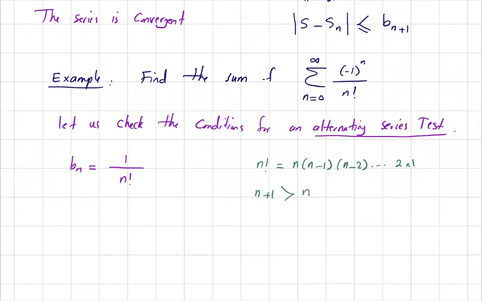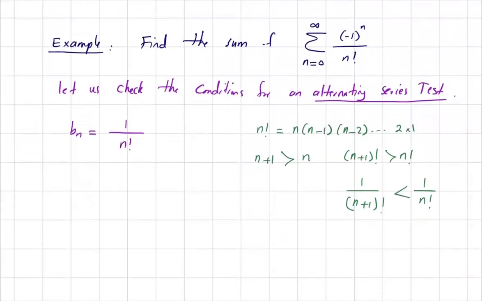So if you multiply both sides by positive numbers, n plus 1 factorial must be more than n factorial. So if you flip this, you get 1 over n plus 1 factorial less than 1 over n factorial. So as you can see, it is decreasing. b(n+1) is less than or equal to bn. You have 1 divided by n plus 1 factorial less than 1 over n factorial. So the first condition is met.